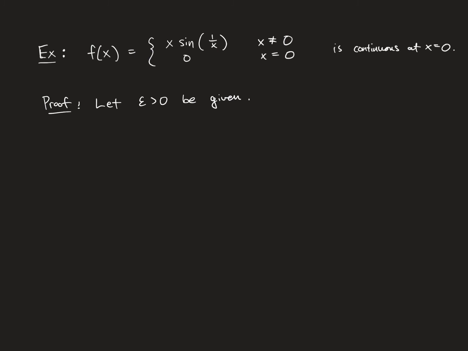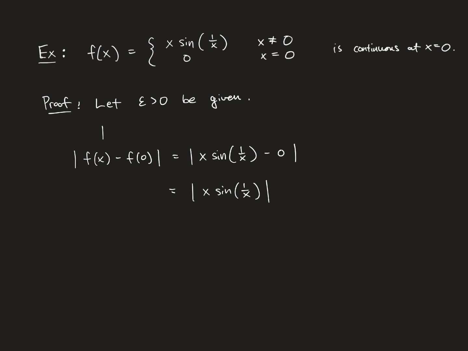So what we have to do is look at the difference between f of x and f of 0. This is the difference between x sine of 1 over x and 0. And of course, that is just x times sine of 1 over x. And what do I have control over?